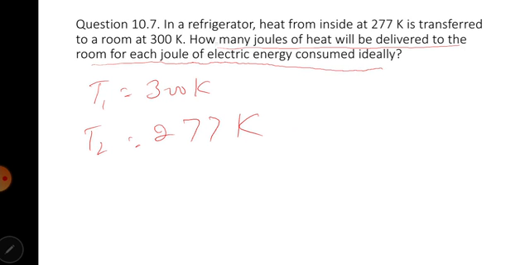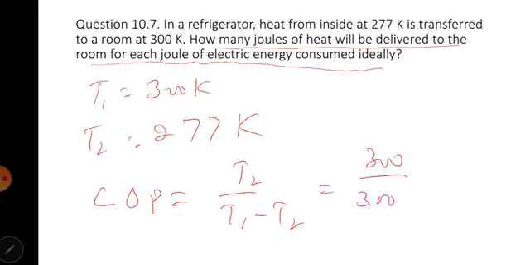No. Now T1 is given, T2 is given. We have to calculate the coefficient of performance, and hence Q1 also. So coefficient of performance is equal to T2 divided by T1 minus T2, which is 300 divided by 300 minus 277.